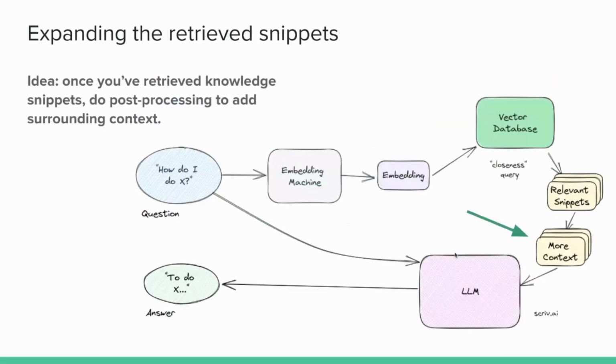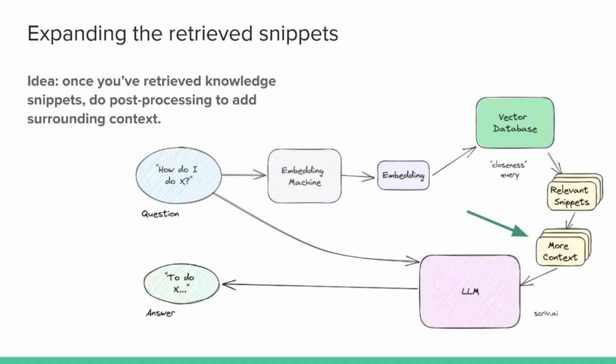One thing we can do is take out the snippets and then add more context. Maybe you first do a search to get very specific matches, and then you expand them to include the surrounding 10 other snippets.